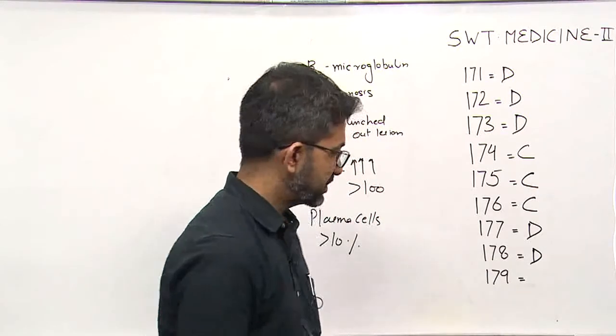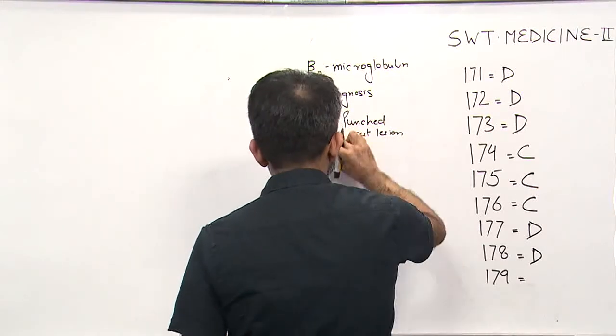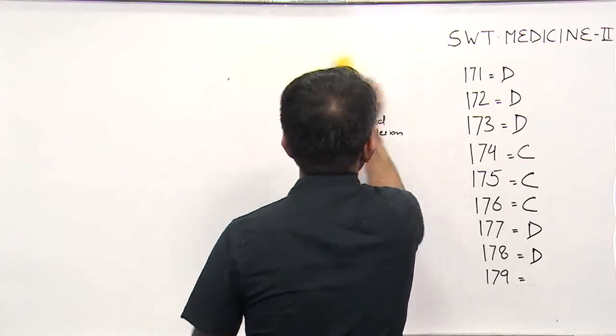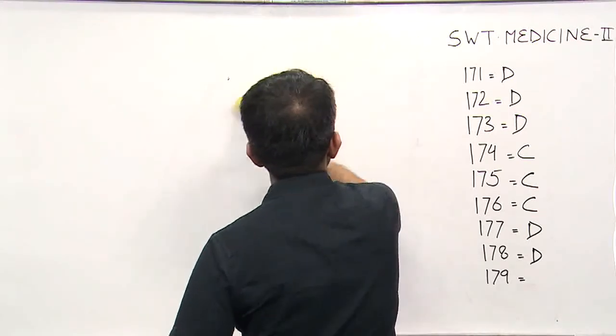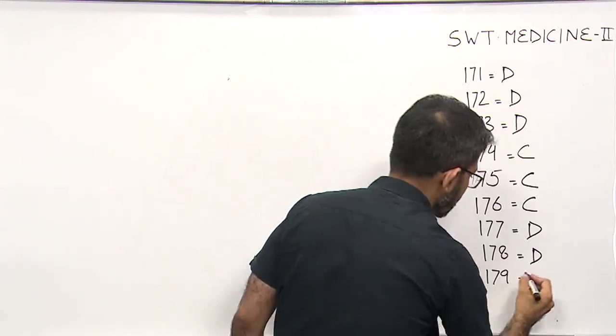Effects of aspirin. See, aspirin acts on platelets, and platelets are responsible for control of bleeding. So, it is the bleeding time which will be prolonged, not clotting time. So, answer is A.